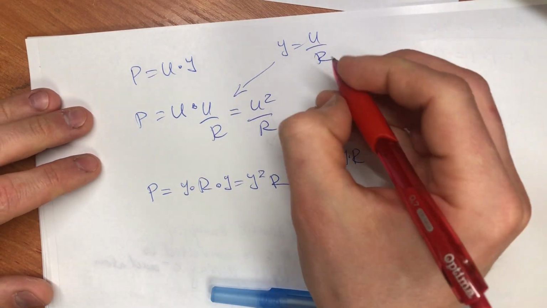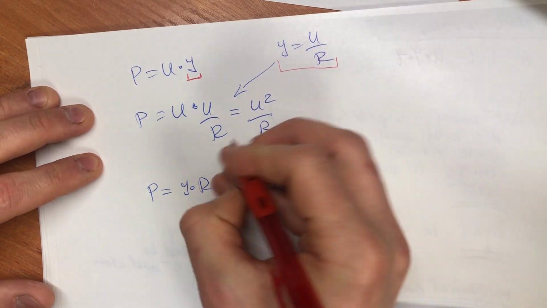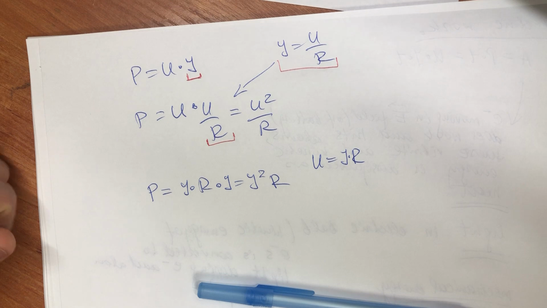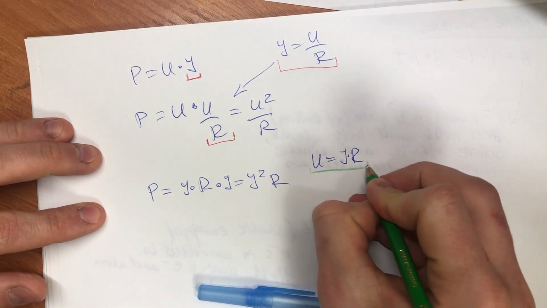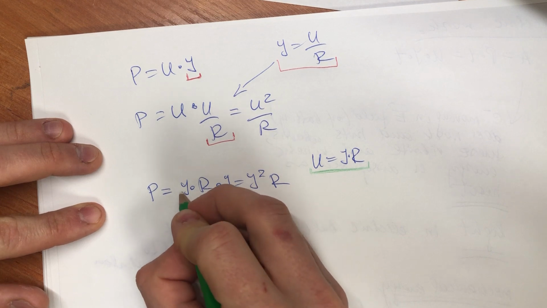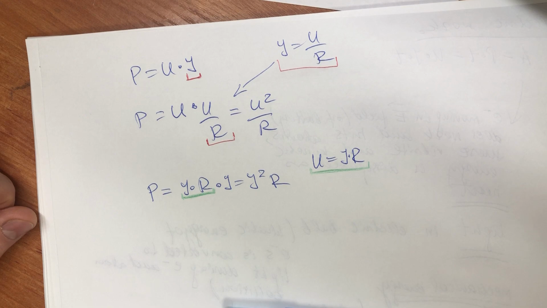So this was I, and this was I, so I came here. U was here, so it came here.